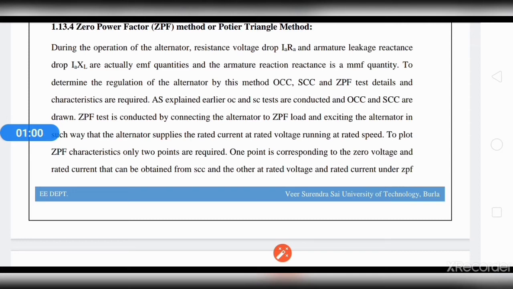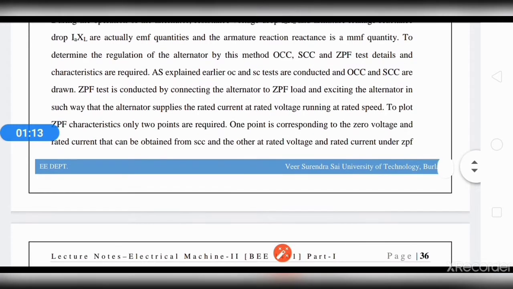As explained in OC and SC test, OCC and SCC characteristics are drawn, and the ZPF test is conducted by connecting the alternator to a zero power factor load and exciting the alternator in such a way that it supplies the rated current at rated voltage, running at rated speed. To plot the zero power factor characteristic, only 2 points are required.